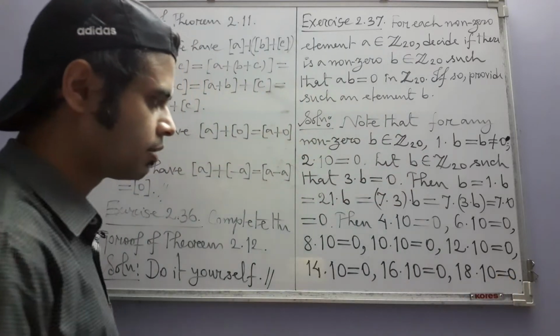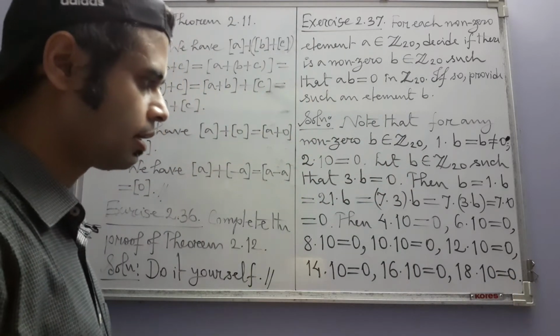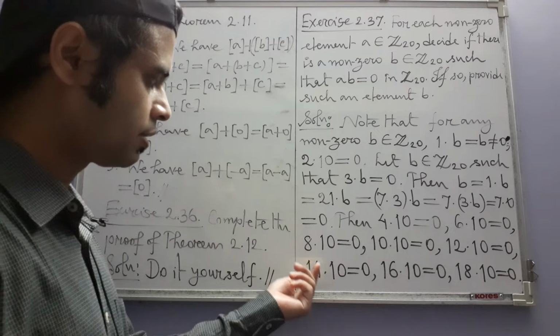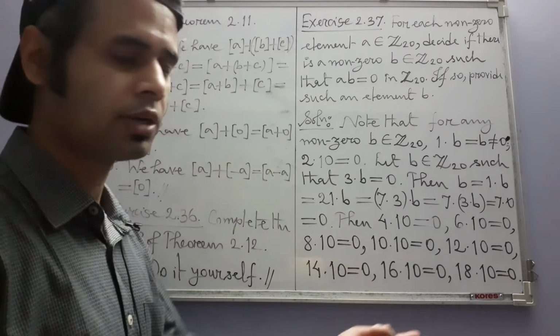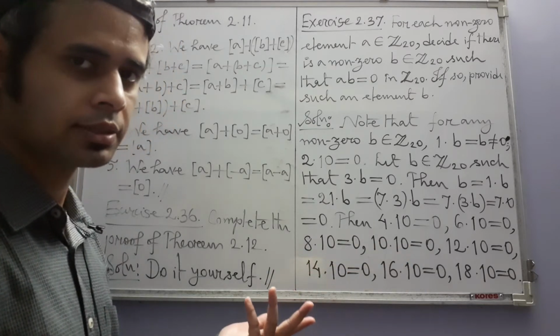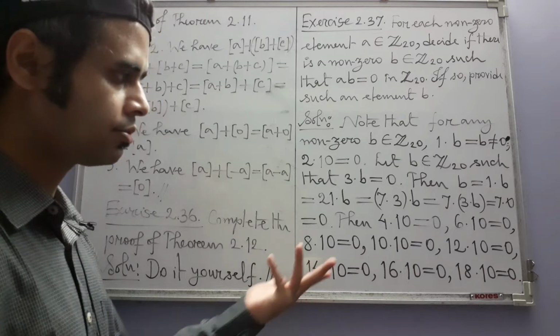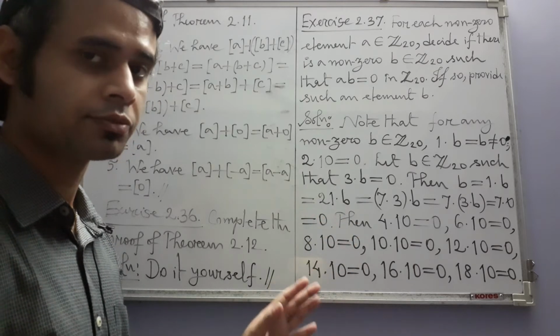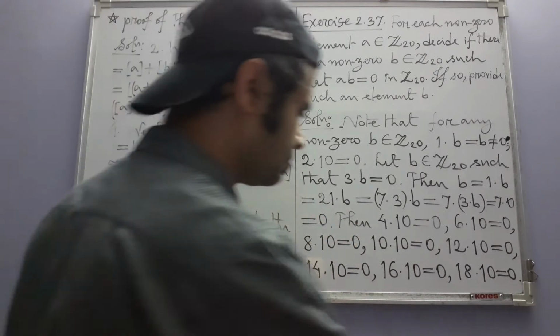We don't care what these products actually are. The fact that each one of these first factors has a 2 in it is enough for all of these products to be 0.